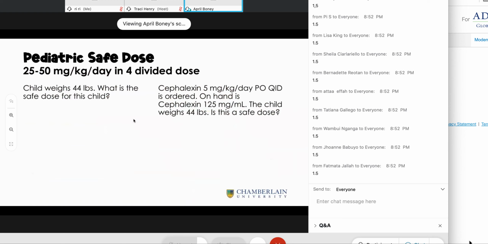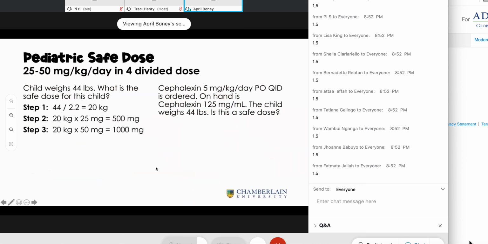So let's look at this. Our child weighs 44 pounds. Well, we know that our safe dose is in kilograms, so we can't work with 44 pounds. So the first thing we're going to do is take 44, divide it by 2.2, and now we're working with kilograms. Off the label, we read 25 to 50 milligrams per kilogram per day. This is a daily rate. So we're going to say 20 kilograms times 25 milligrams is 500.